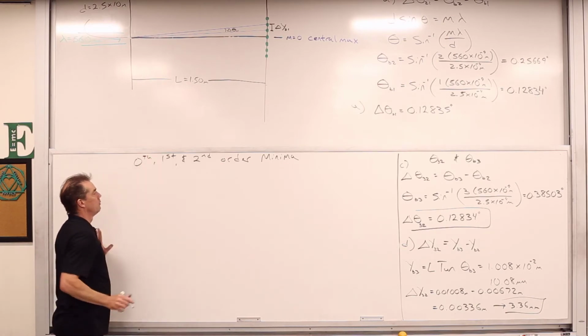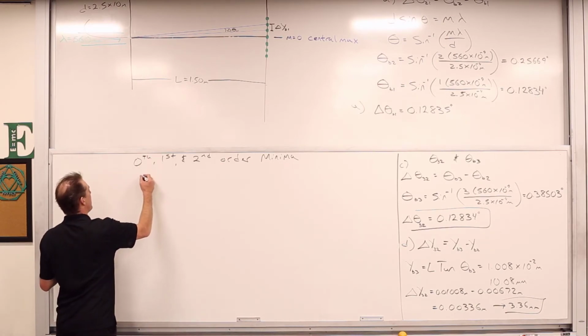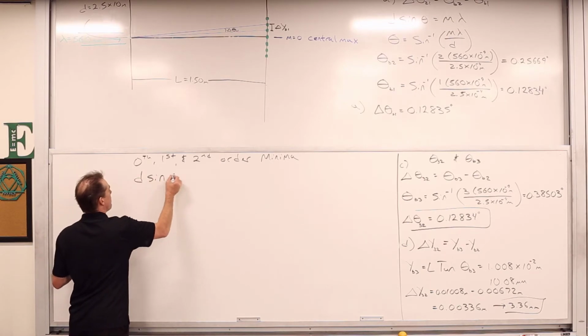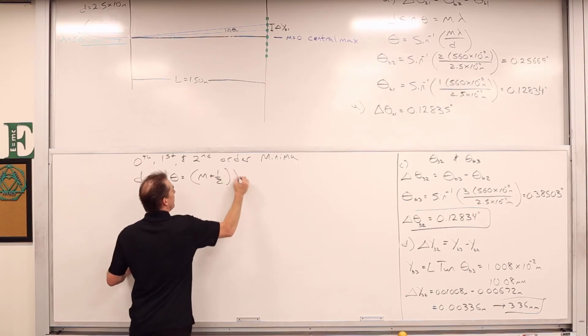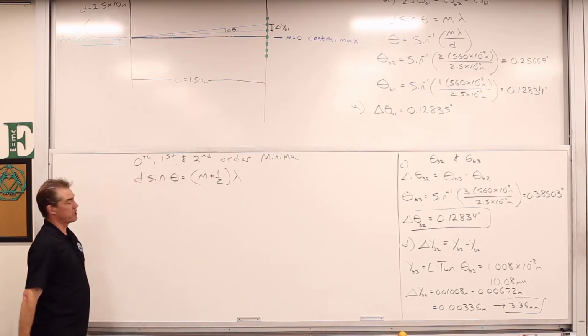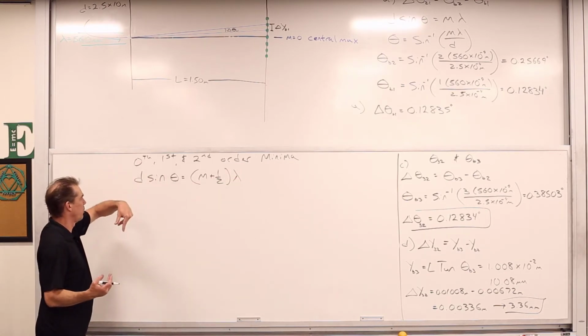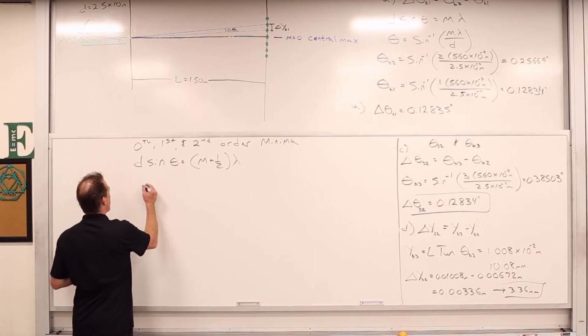So, what do we have for minima? We've got that d times the sine of theta is equal to m plus 1/2 times lambda. That's it for minima. That's what we're looking at, so that's what we want to use. We'll go ahead and solve this out for theta.